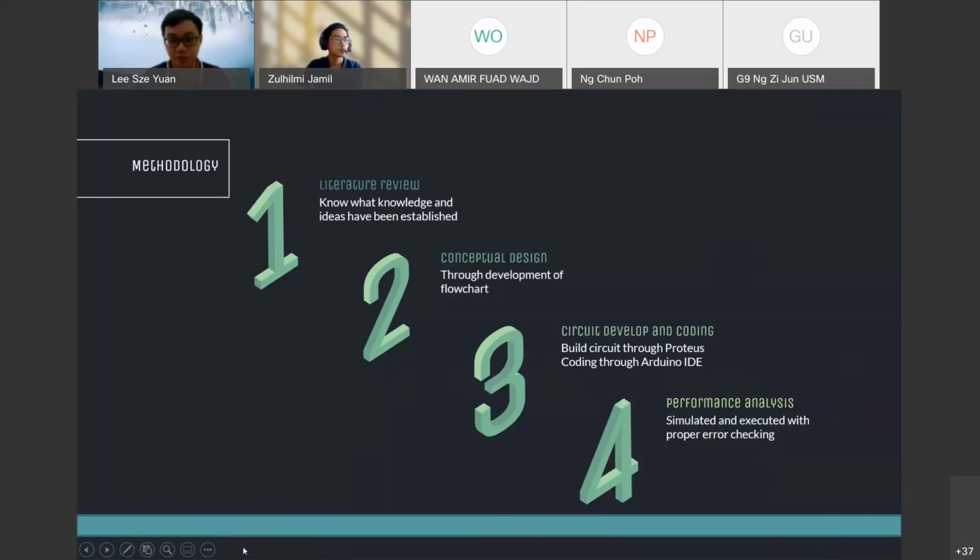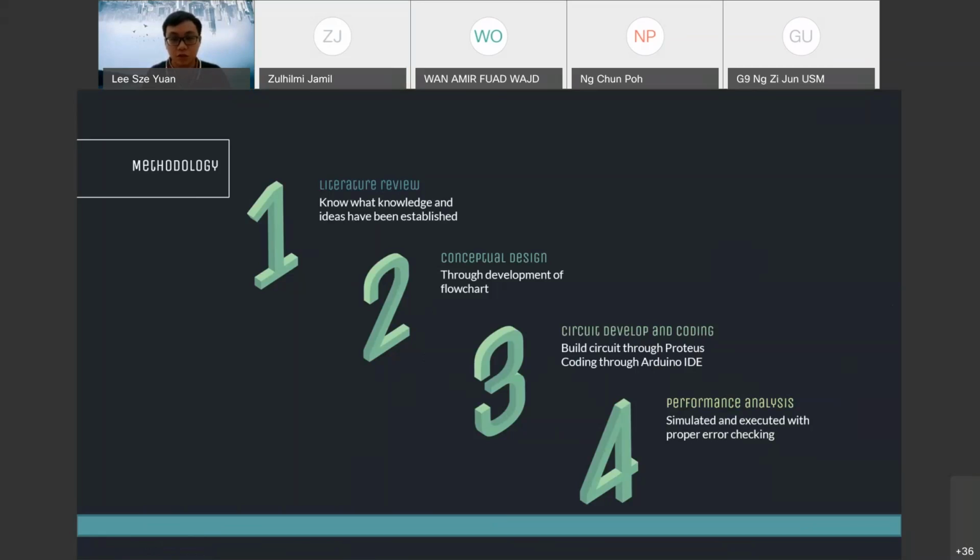Good morning, good afternoon, Doctor. For our methodology, we mainly divide it into four parts. The first is the literature review, from which we learn the knowledge and ideas established by previous doctors, professors, or anyone with more professional knowledge. The second part is the conceptual design, which we develop through a flowchart.